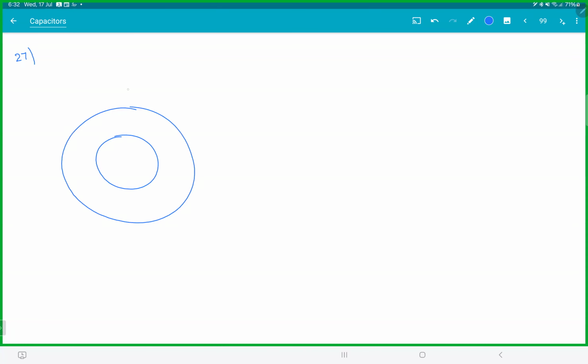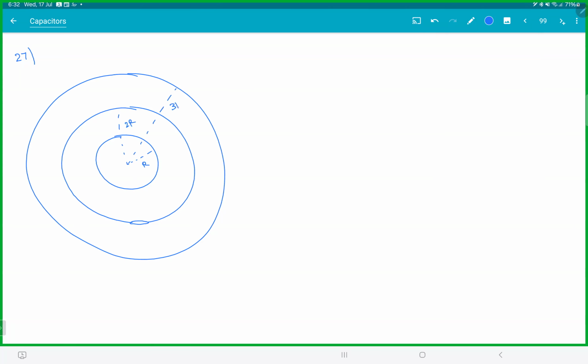We have a shell, we have a shell, we have a shell. 3 shells. This I wanted to do last time only, but okay. There is a small hole here. This is radius r. This is 2r. This is 3r.